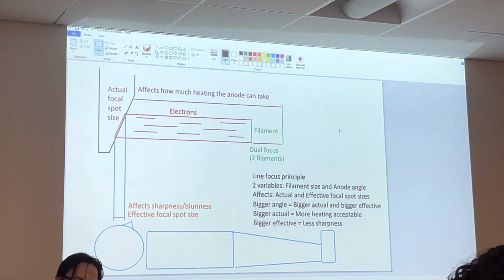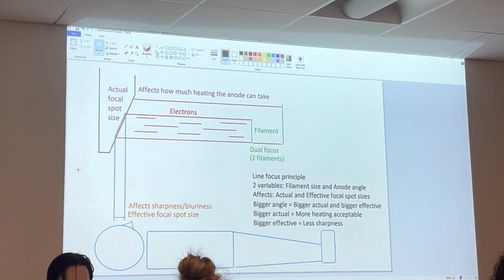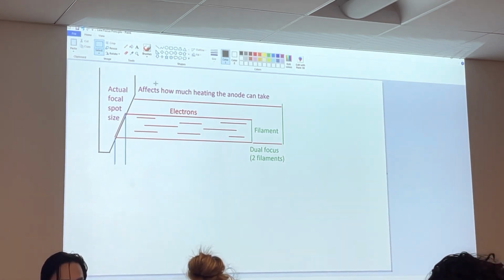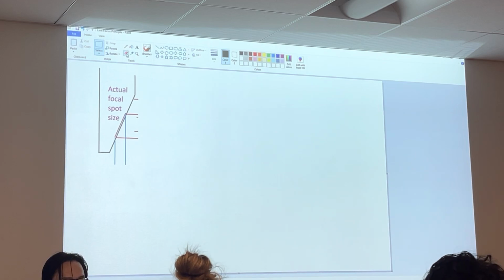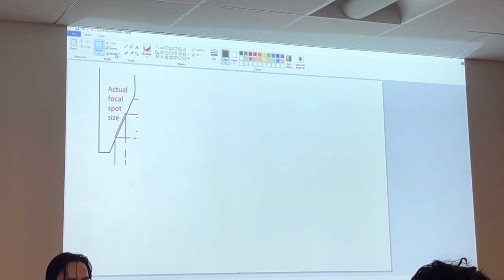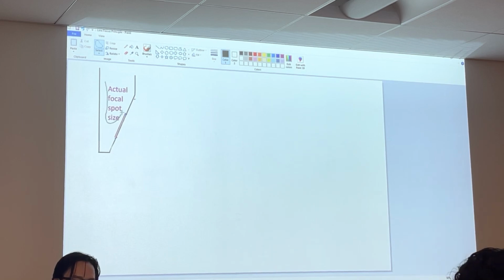Okay. So anode heel effect. We'll just get rid of all this stuff. Close enough. We've got our anode again.